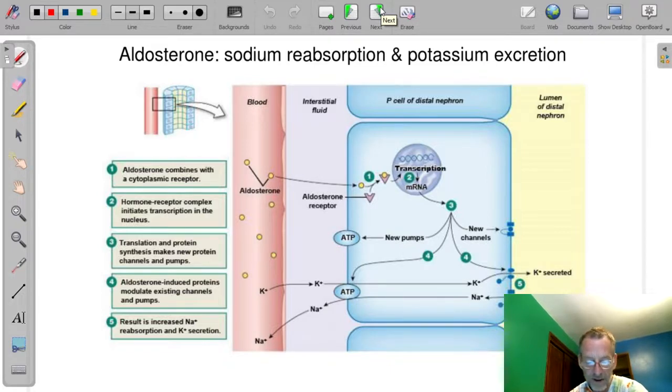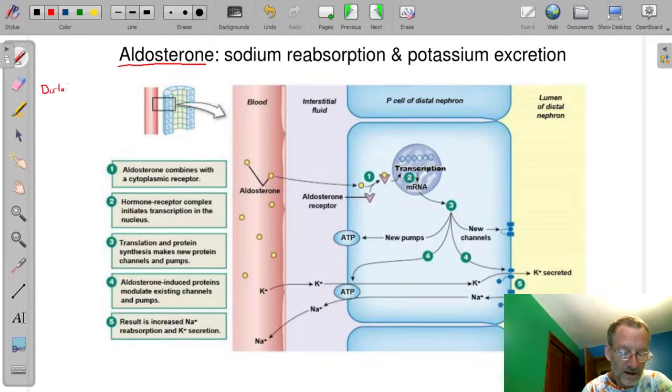So, similar setup, blood vessel on the left, and cells of, oh yeah, do you remember where aldosterone works in the nephron? It targets those cells in the distal third of the DCT and the cortical collecting duct.